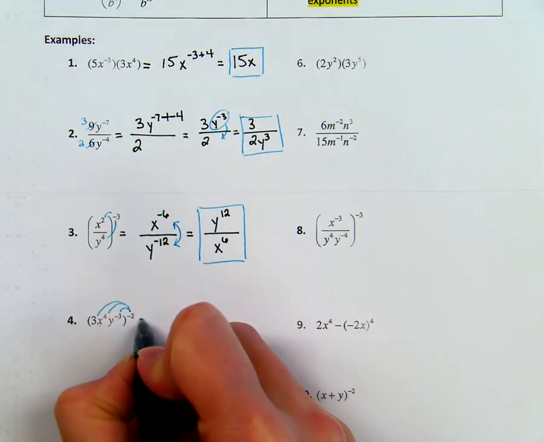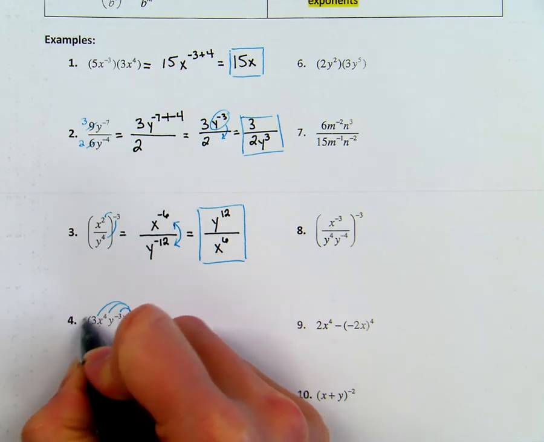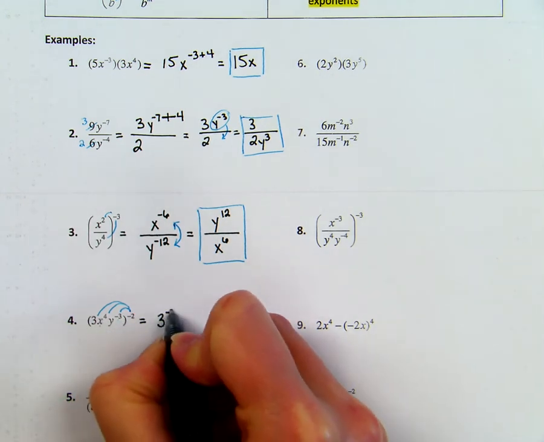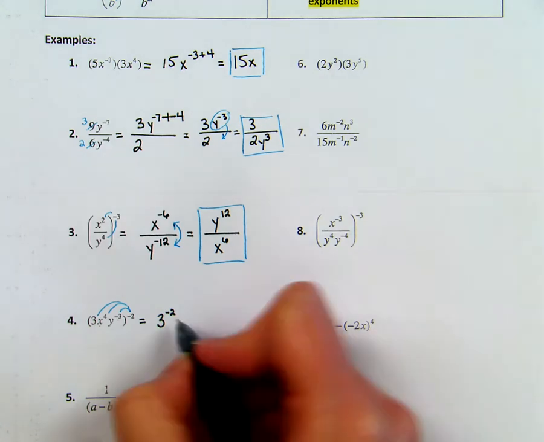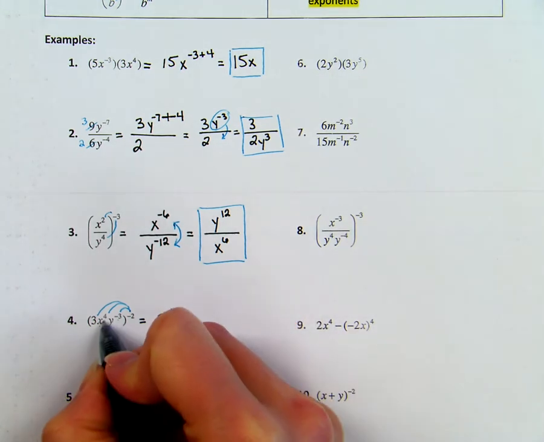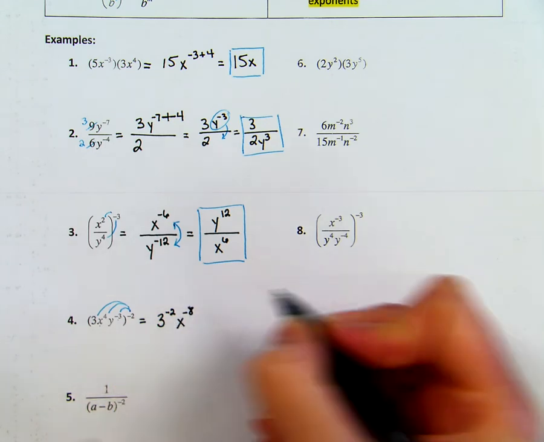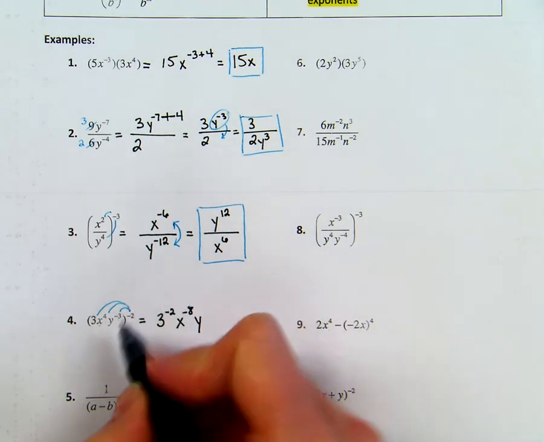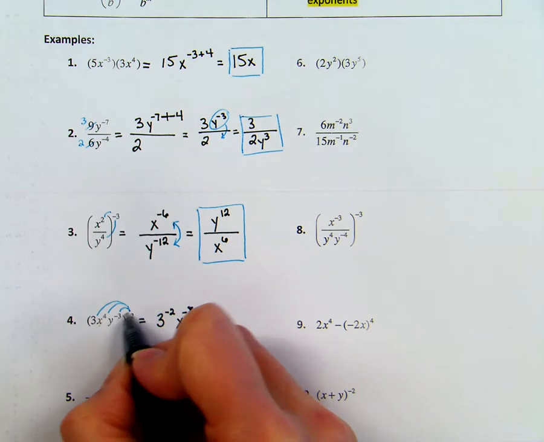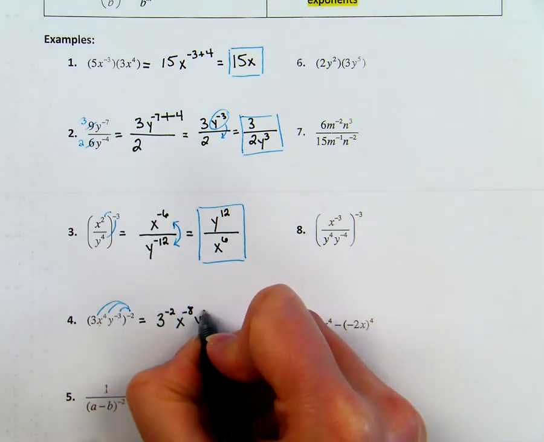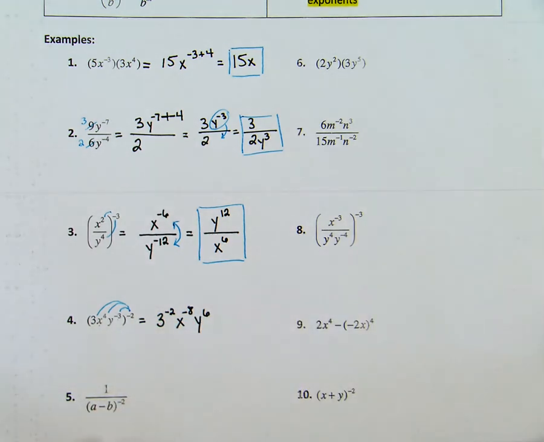Do make sure you distribute completely. The 3 also gets an exponent of negative 2 added to it. X to the 4th times a negative 2nd power gives us an x to the negative 8th. Y with a negative 3rd power times a negative 2nd power gives us a positive 6th power.